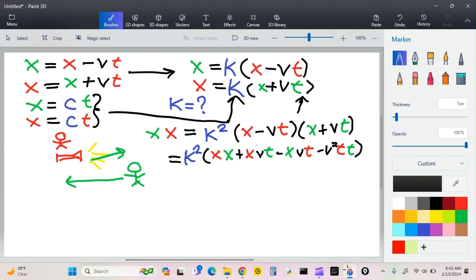So if we're ready, the next thing to do is to use these ideas. The green x equals the speed of light times the green t. The red x equals the speed of light times the red t. So I can substitute those into this.